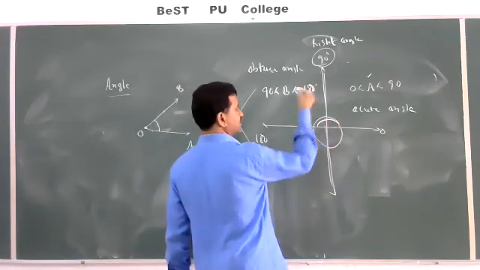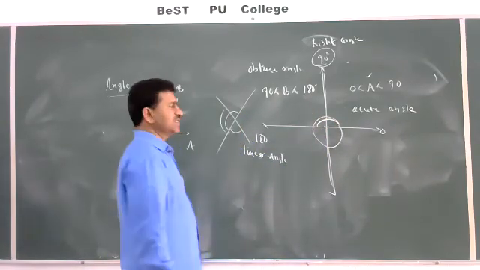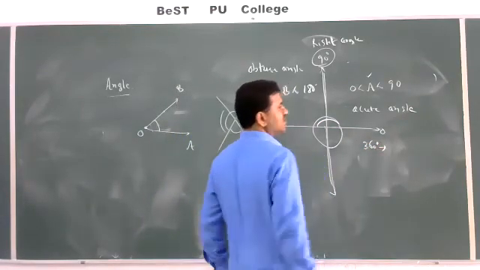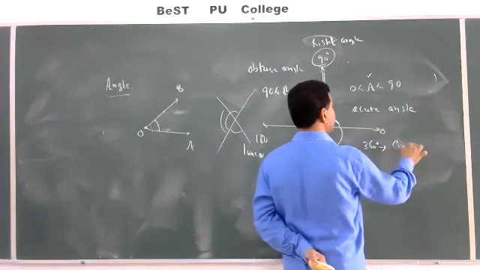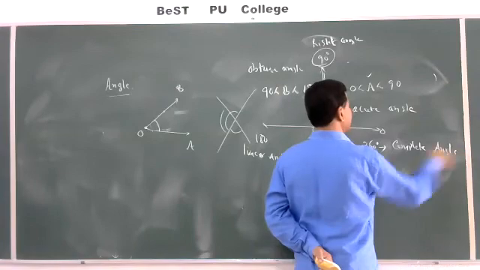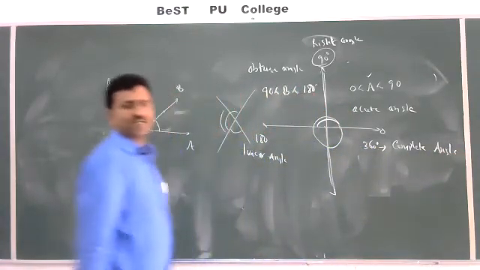Complete angle means 360 degrees. One complete rotation is 360 degrees.